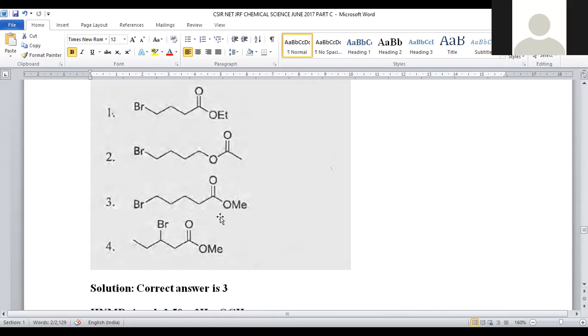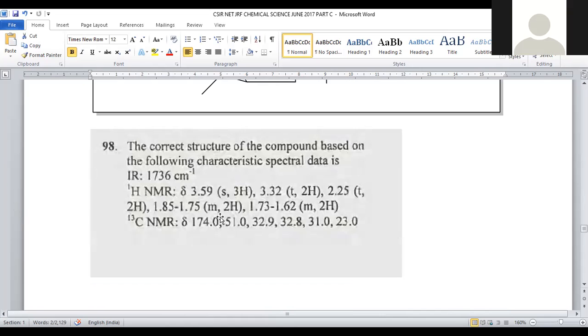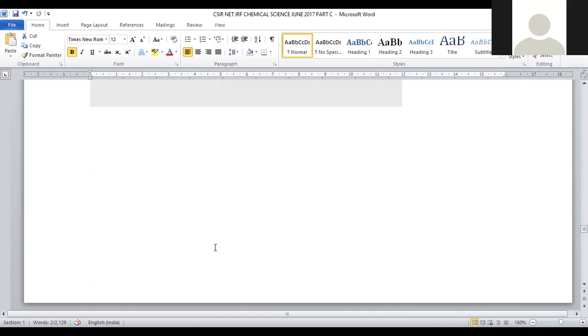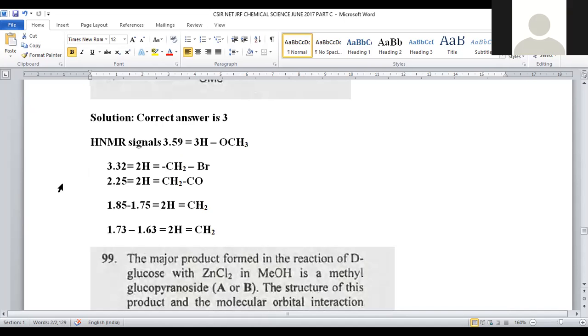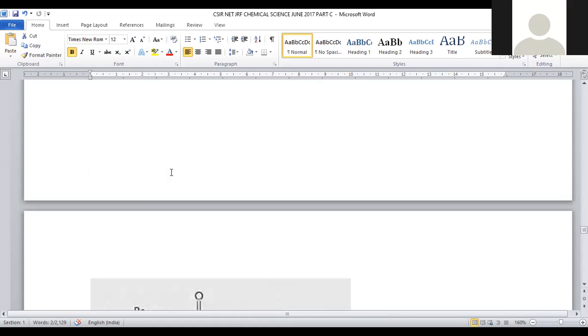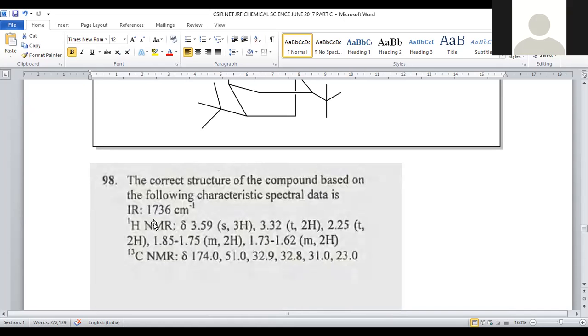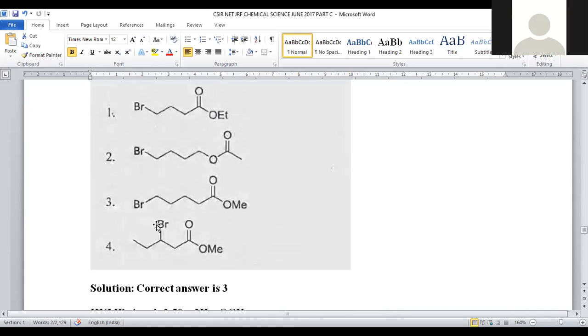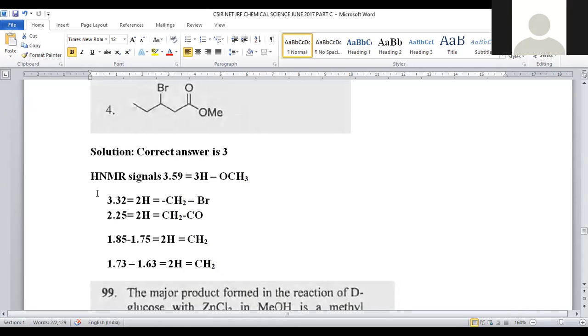Let us go with the detailed prediction, where you can find the data provided to us. What is the IR spectral data? 1736 confirms there is an ester functional group within the molecule, and in the HNMR data, 3.59 corresponds to methoxy.